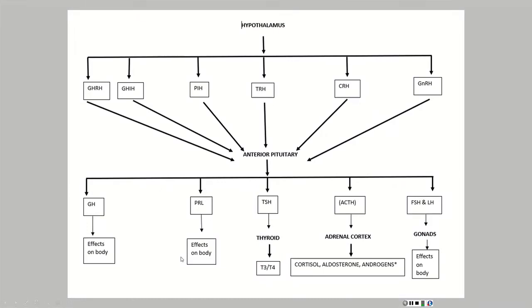Now, if we look at the last page of our outline, we have this chart, and this is going to show us exactly how the hypothalamus controls the anterior pituitary. So what I've got here is the hypothalamus can release these hormones. These hormones then tell the anterior pituitary to release or stop releasing these hormones.